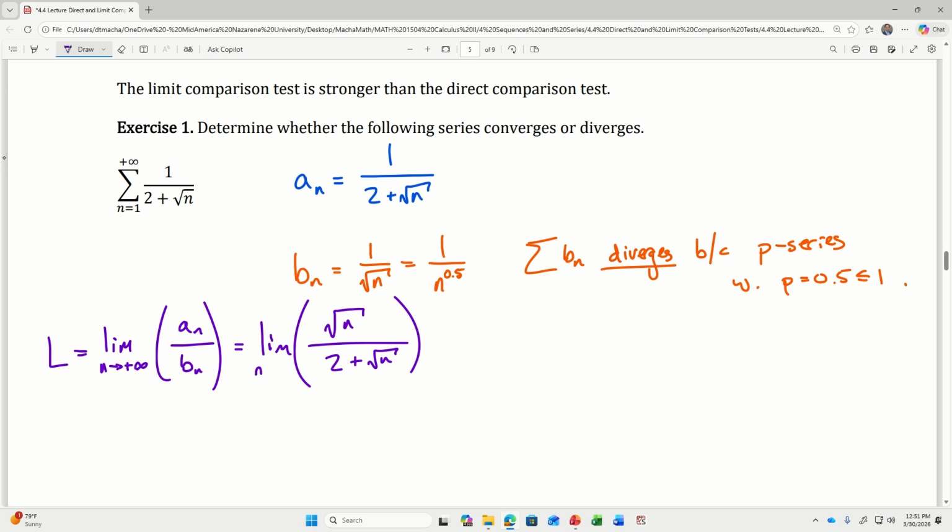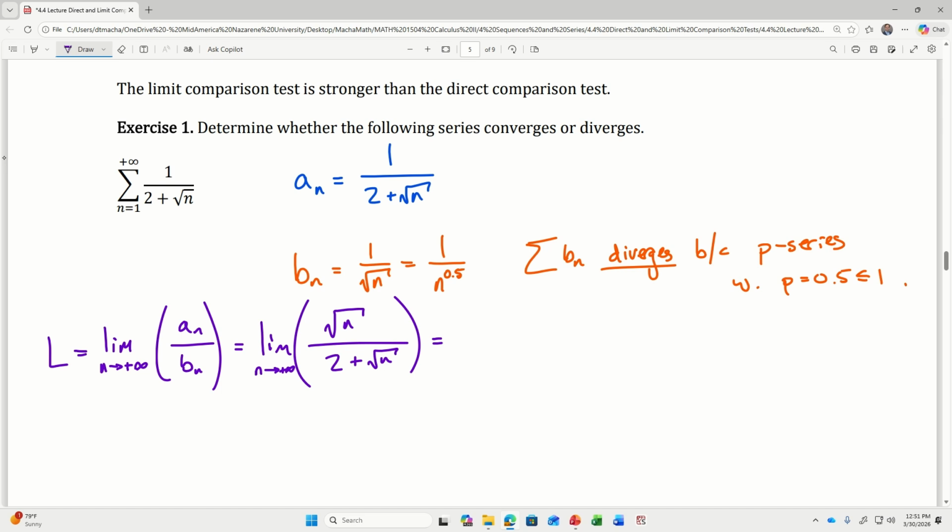And if you think about the limit where n is approaching infinity, 2 is staying the same size, but square root of n is approaching infinity. So this limit is going to be what? Infinity over infinity. But specifically, these infinities are growing at the same rate.